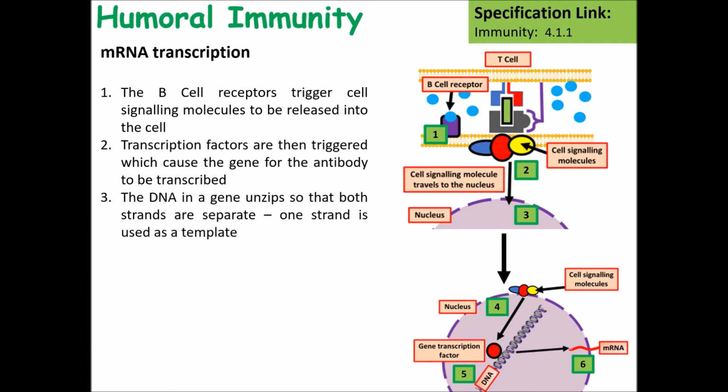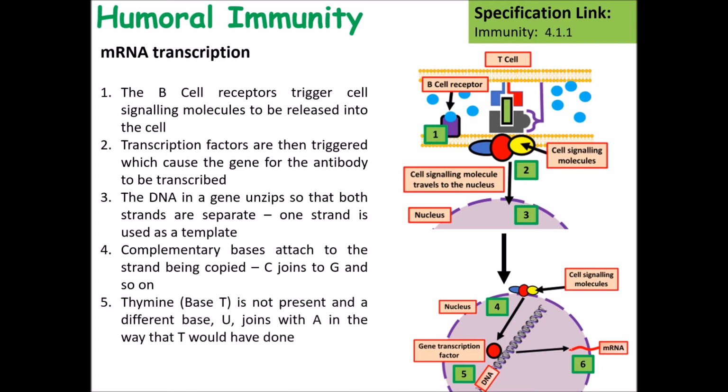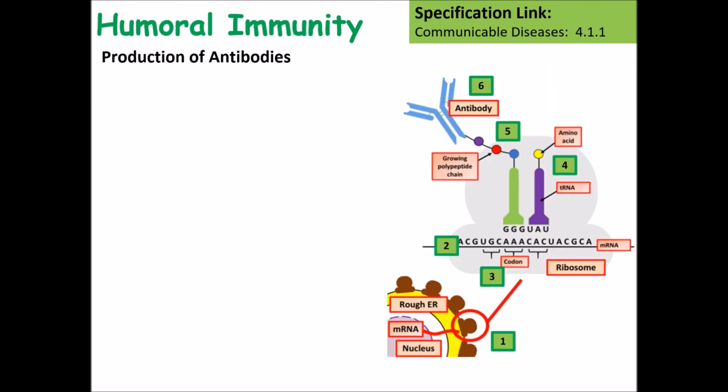This causes the DNA in the gene to unzip, exposing the gene. One strand in the DNA is used as a template. Complementary bases attach to it and make messenger RNA. This in turn leads to the production of antibodies.